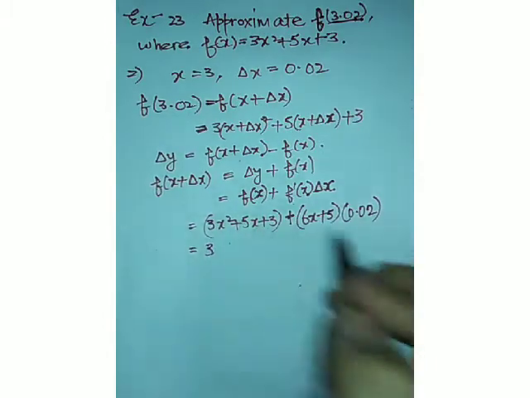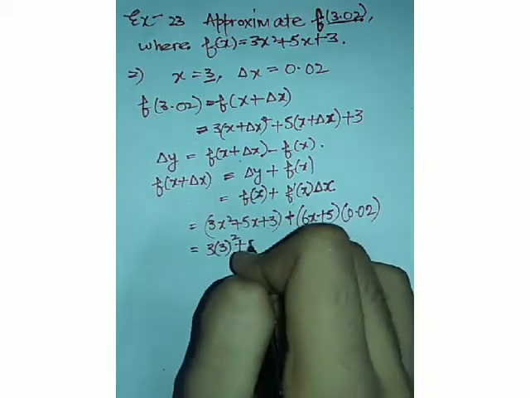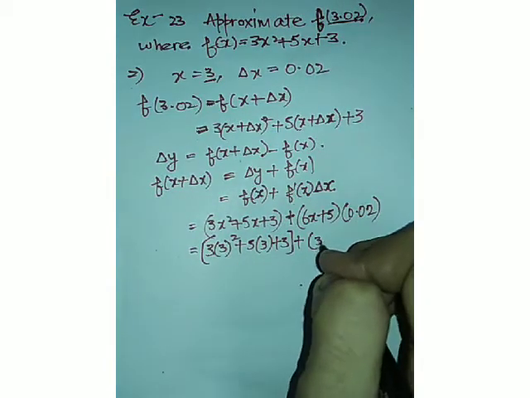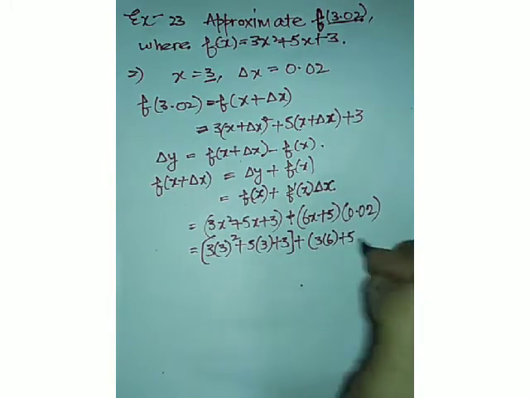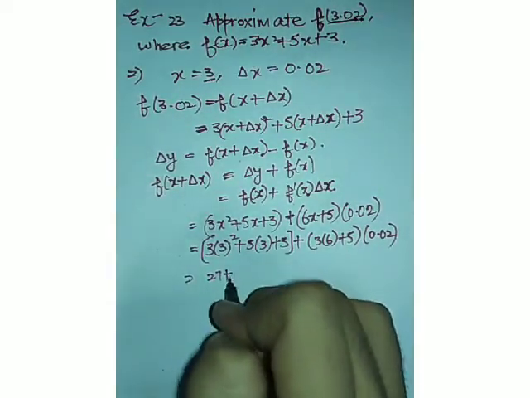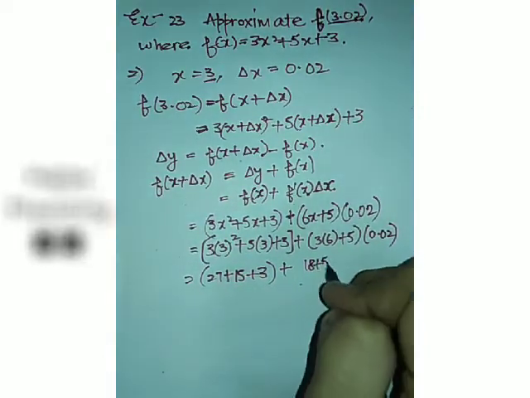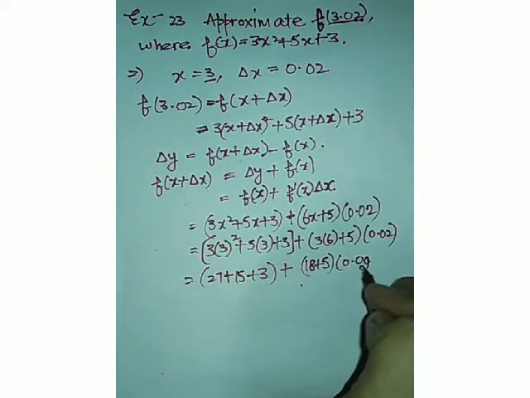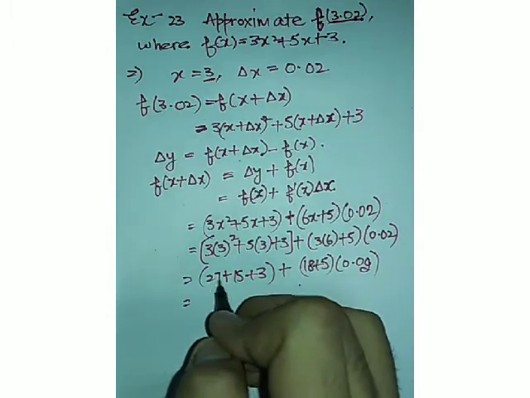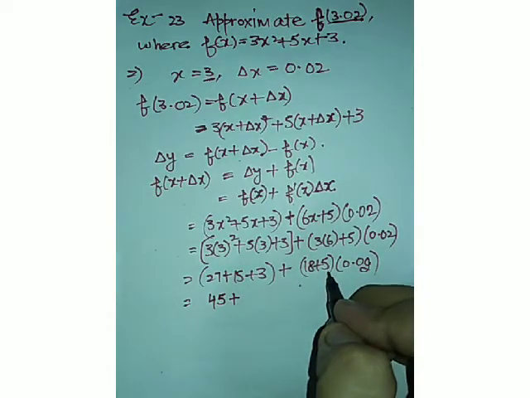So what will we get? 3 times 3 square. Why 3 square? Because we have the value of x. 3 multiplied by 3 square plus 5 multiplied by 3 plus 3. Then add 6 times 3 plus 5 multiplied by 0.02, right? 3 3s are 9, 3 9s are 27, plus 15 plus 3, plus 18 plus 5 multiplied by 0.02. 27 plus 15 plus 3, you will get 45, plus 18 plus 5, that is 23.